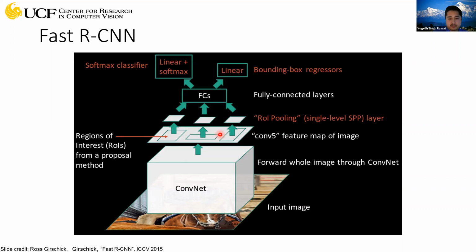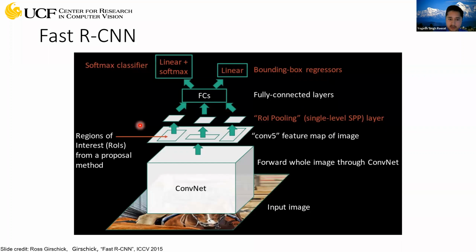Now, what we do is, instead of applying the proposals on the input image, we'll apply those proposals on this feature map. All right, and again, it's the same step. You will take each proposal, do the warping, and make sure that after warping, the resolution of all these feature maps is exactly the same.